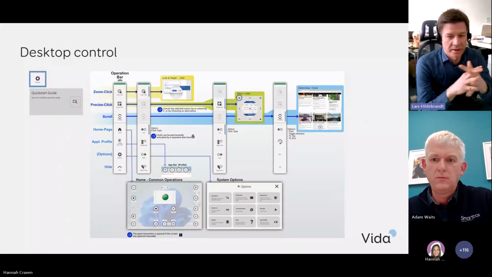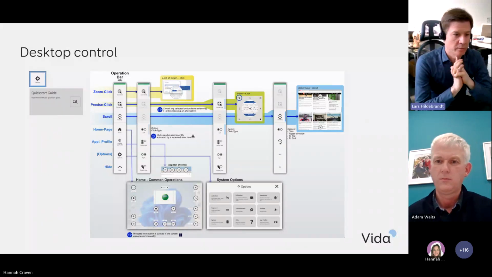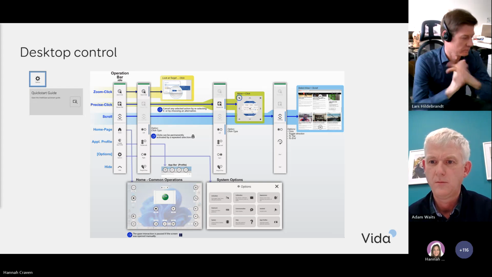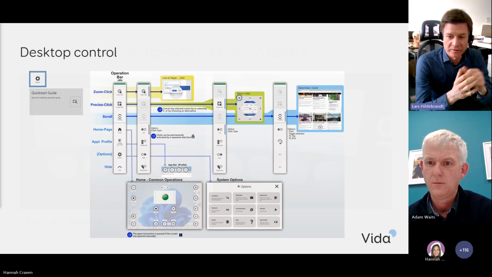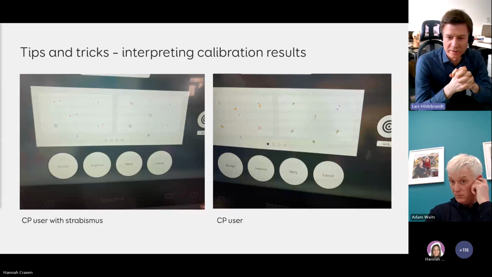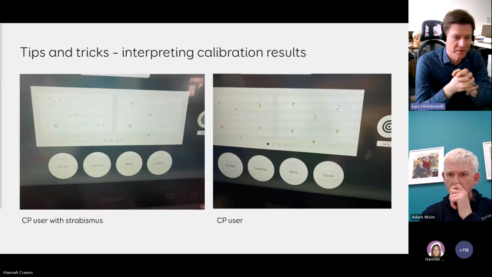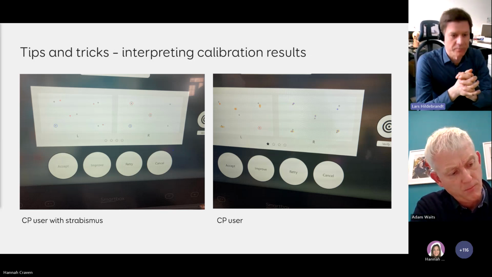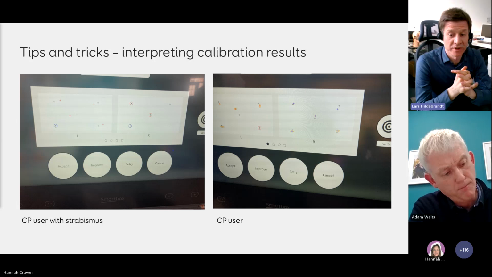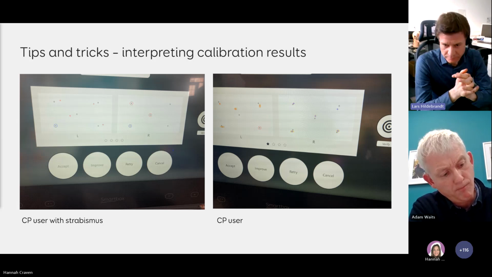Because the next thing I want to explain, please, next slide, is something I just received yesterday from a therapist. Please excuse the snaps from a smartphone. I want to explain to you how to interpret our calibration data.